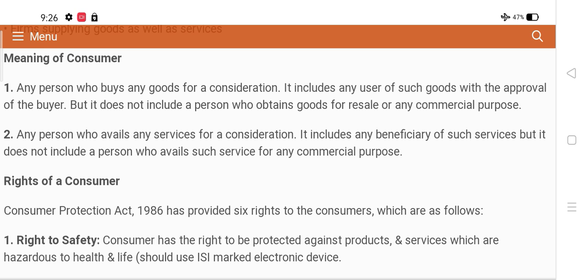But it does not include a person who obtains goods for resale or any commercial purpose. So if anyone is buying goods for resale or for any commercial purpose, then he will not be termed as the consumer. Goods should be used for final consumption.